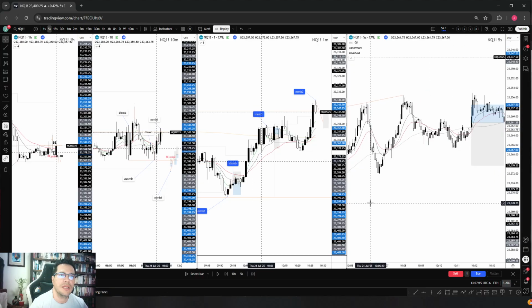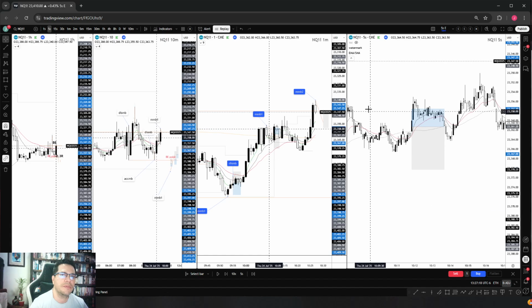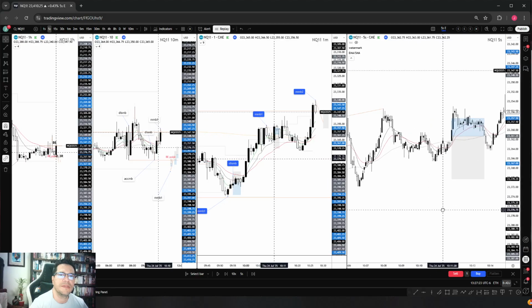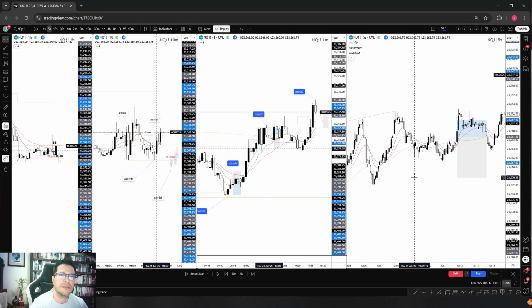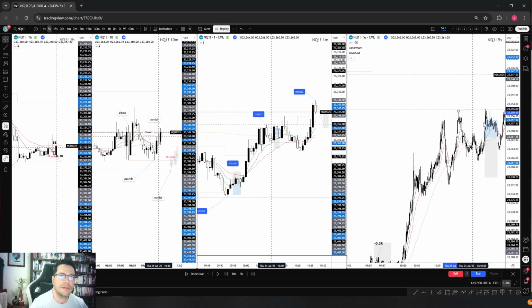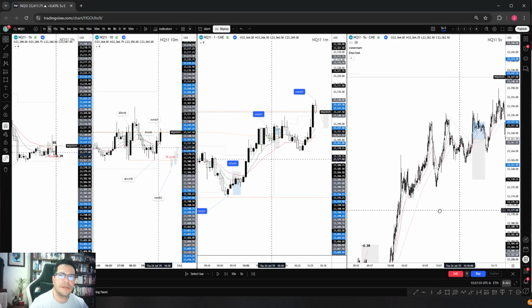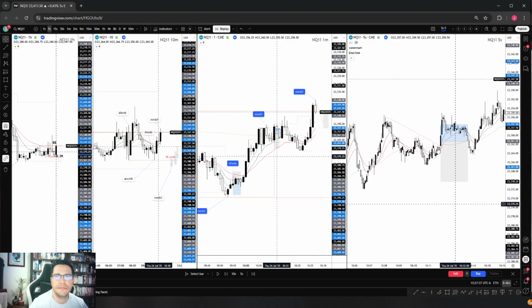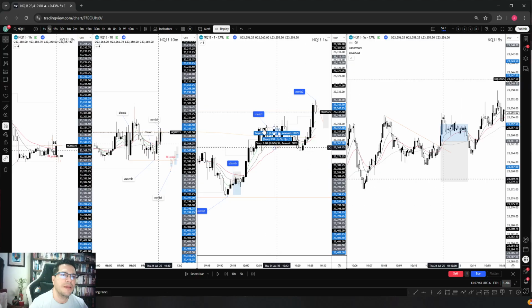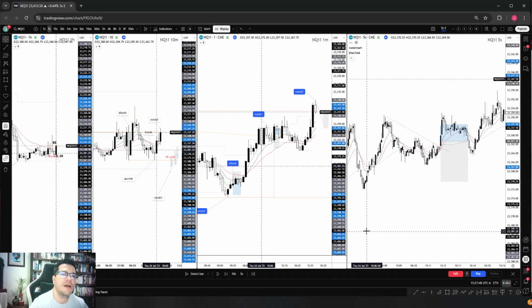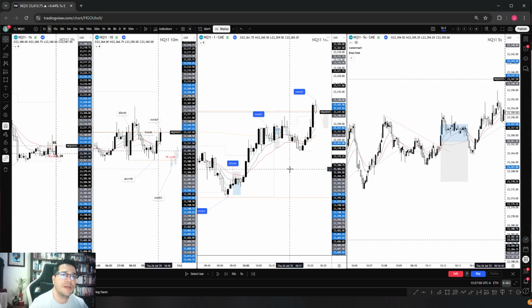Around 10, yeah, I believe around here, yeah. So let's take a look at this. So this is the containment line that we have on our entry time frame. At that time, price flushes to the 10.